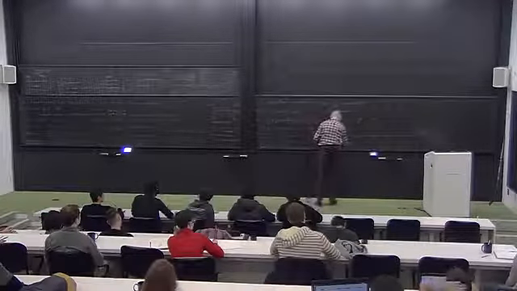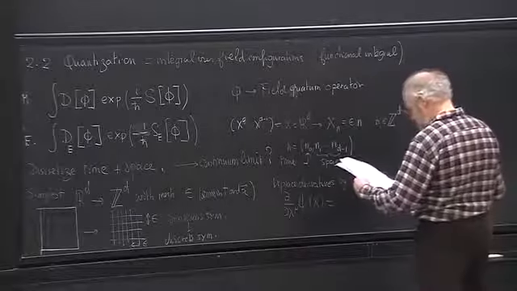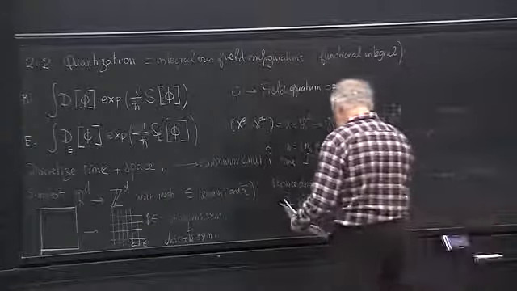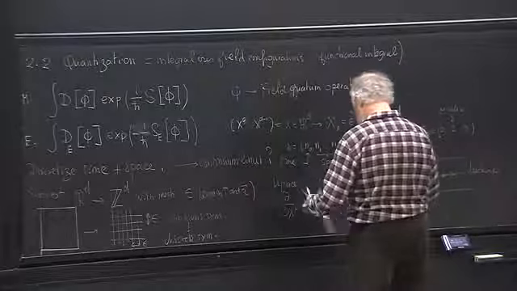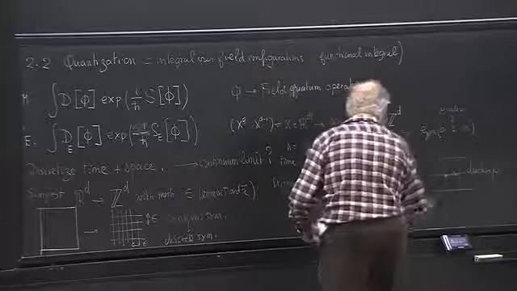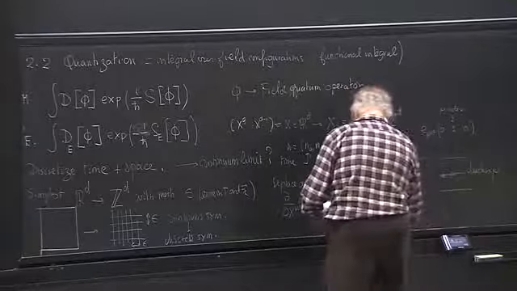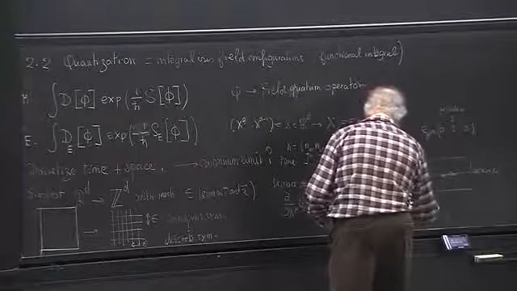And so you replace the derivative by phi of x plus epsilon e_mu minus phi of x.